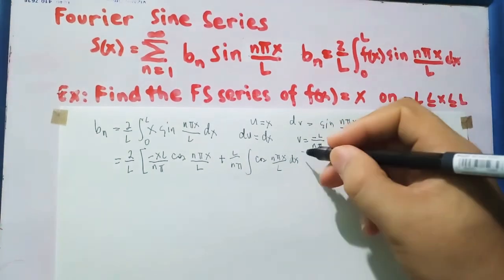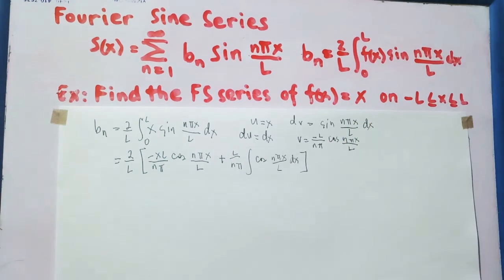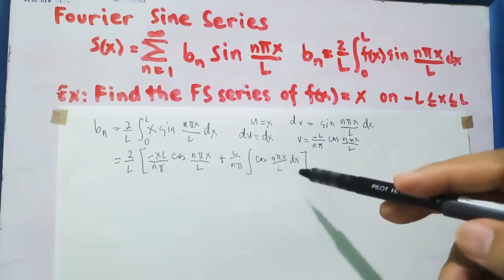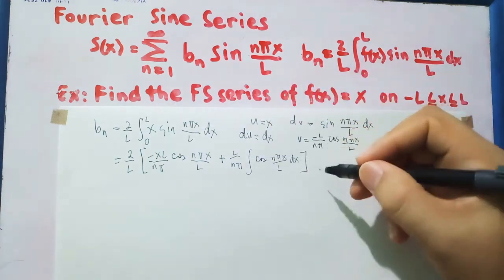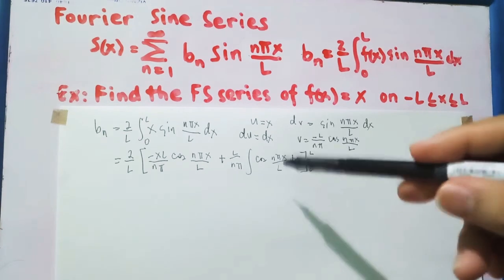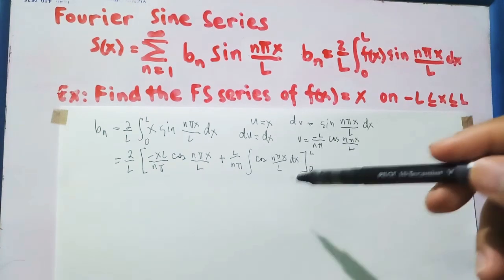Okay, so we will close this one. This time we will integrate cosine of n pi x over L. By the way, our limits are from 0 to L. Now if we integrate cosine, that becomes sine.